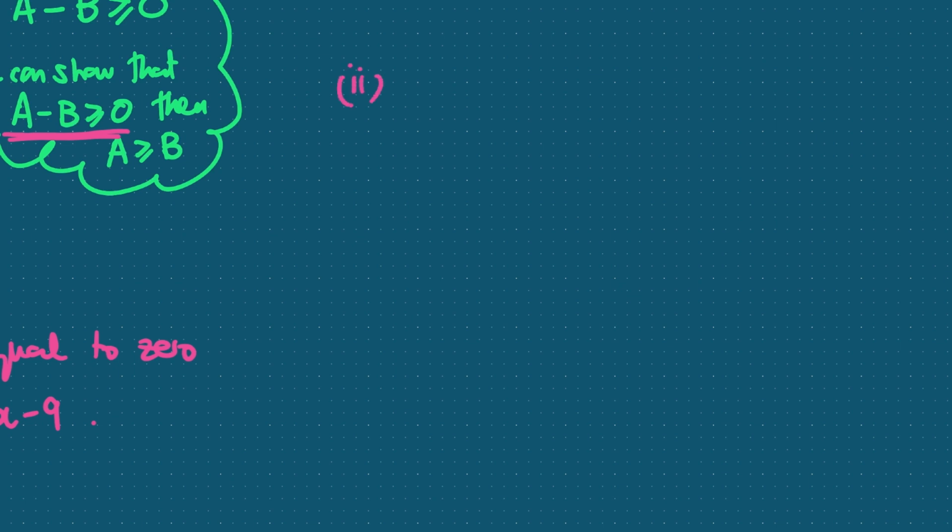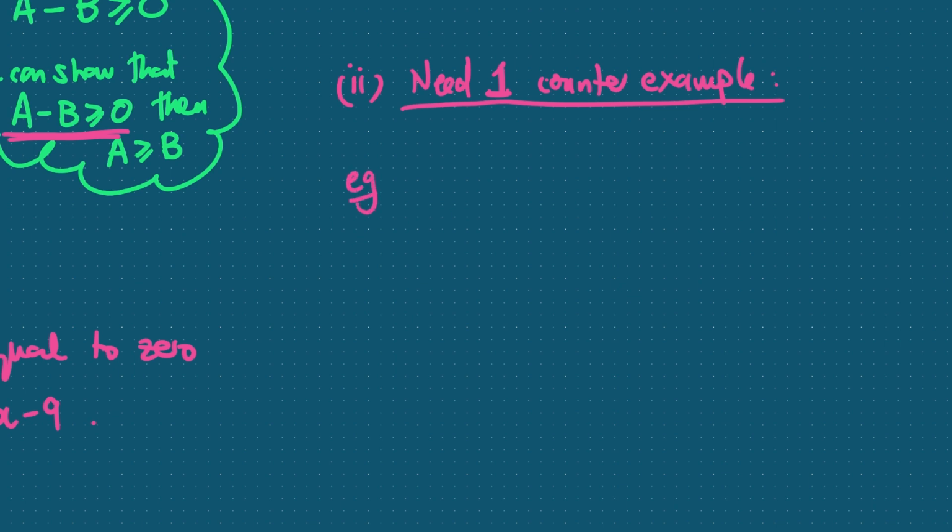Double I. So we need one counterexample. You don't need to write this down for the examiner, but I just like to write down what we're trying to do here. So, for example, if n is equal to 3, then I know that 2 to the 3 plus 1 is equal to 9, which is not prime.